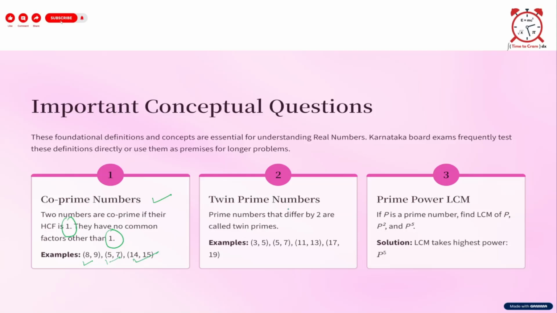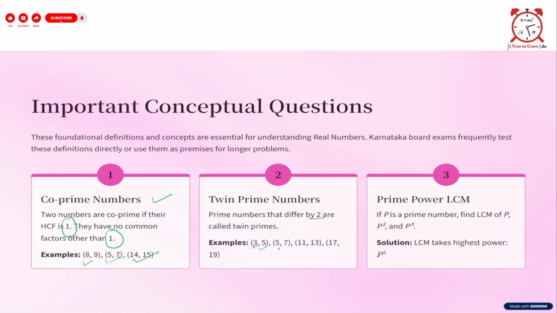Now, twin prime numbers. Prime numbers that differ by 2 are called twin primes. For example, 3 and 5 are both prime and the difference between them is 2.